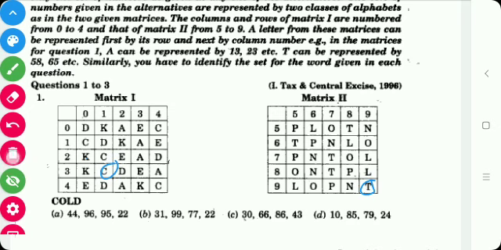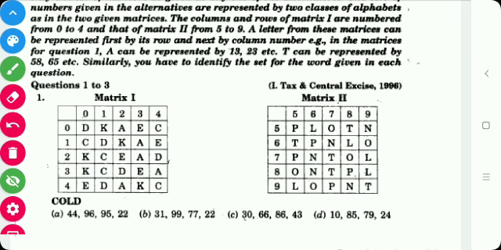So option C, 3 0 3 0, is again wrong. 1 0 C, 8 5 O, 7 9 L, 2 4 D. So this fourth option is correct. Likewise, we have to find the code and give the options. So this code is correct. Okay, so this is the matrix coding.